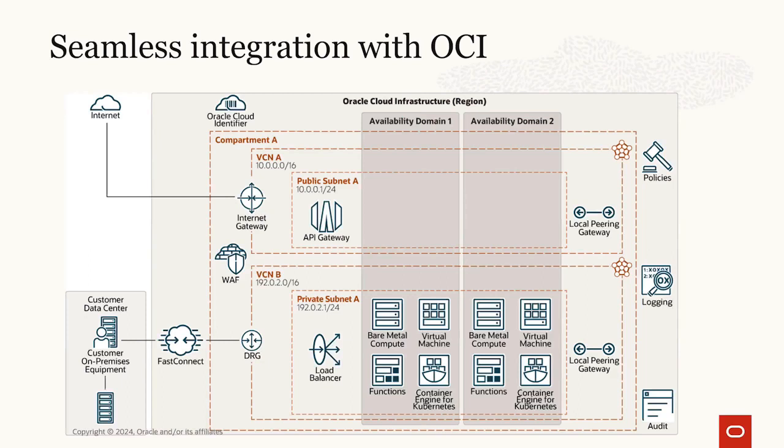Now, for the sake of this conversation, we're focusing on functions, but if you have REST APIs maybe running on Kubernetes, on the container engine, if you have web servers running on virtual machines that will respond to an HTTPS request, you could also make those backend targets for your API gateway.